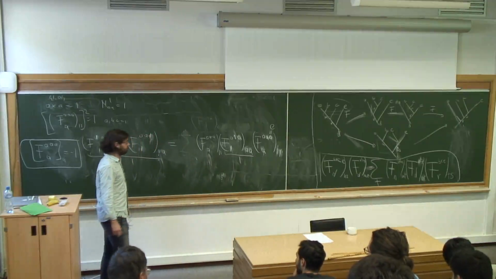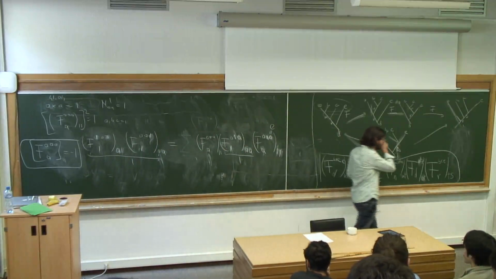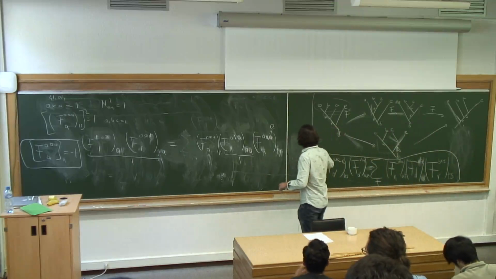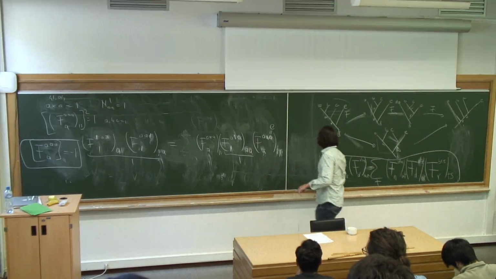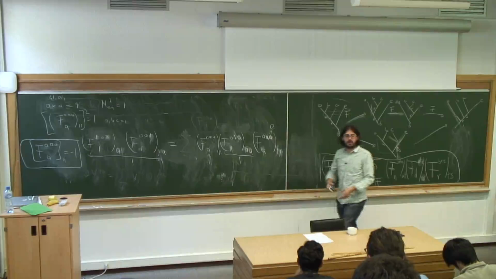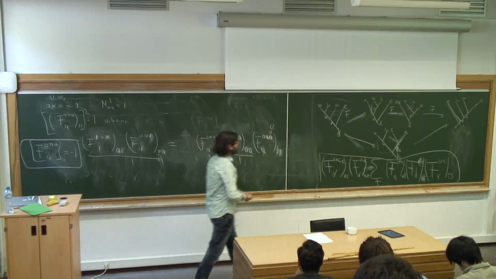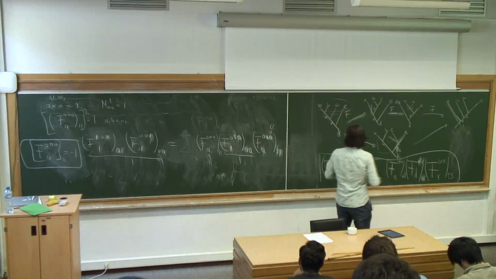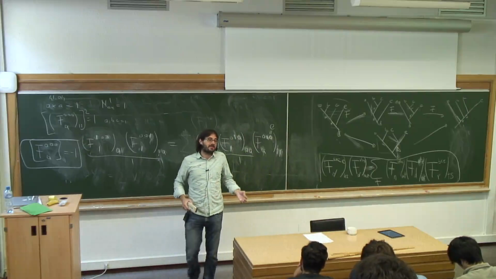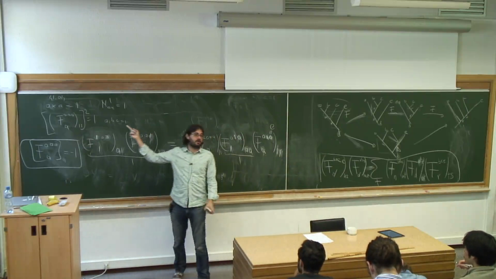It's just a trivial solution. It has nothing non-trivial about it. It just has all the braiding phases equal to 1. Everything equals 1. It really means that I should identify this particle A with the vacuum, because it's got nothing special. By the way, what's the quantum dimension of this particle A?